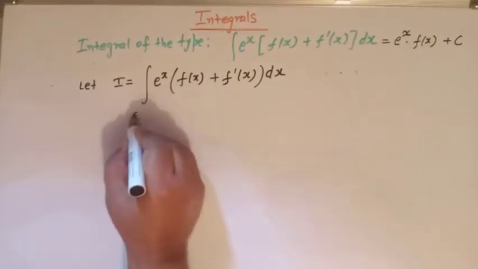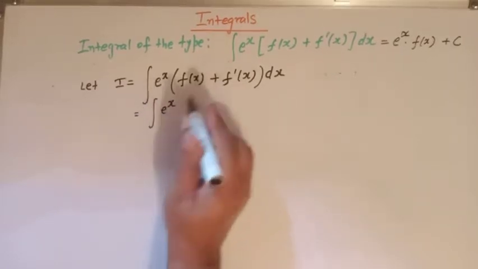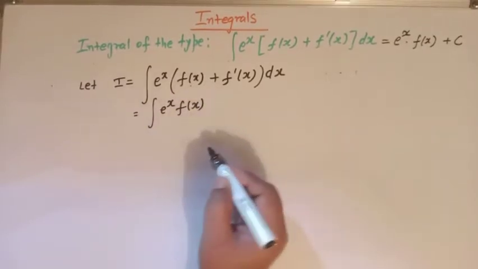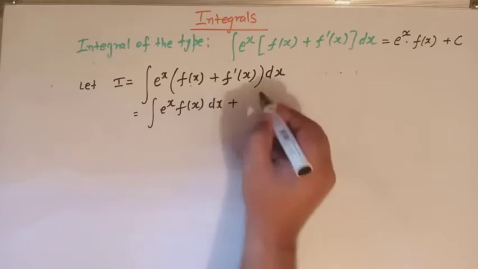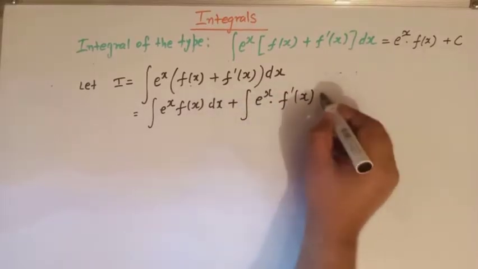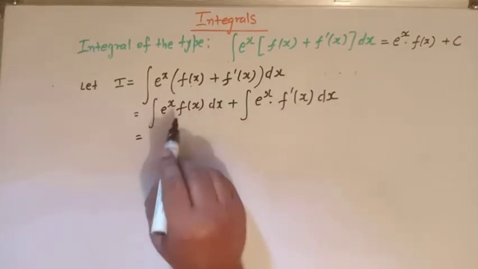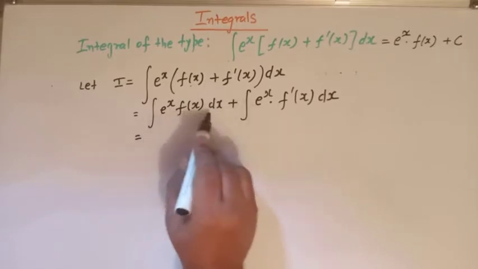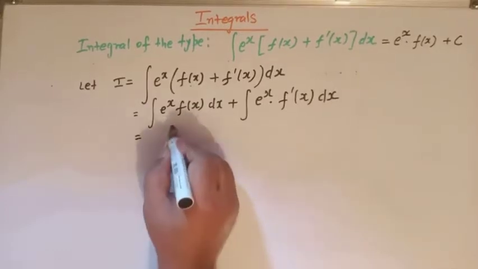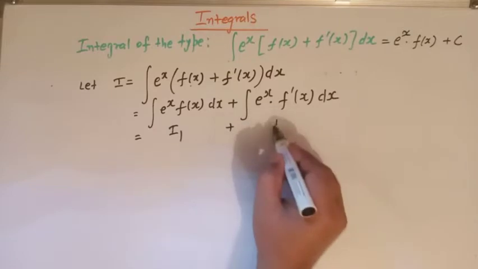Now this integral can be written as, let us multiply these two terms by e raised to x, so we have the integral of e raised to x f of x dx plus the integral of e raised to x times f prime of x dx. Clear? Now here we have two integrals. This is the first integral, this is the second integral. So let us say this integral is I1 and this integral is I2.